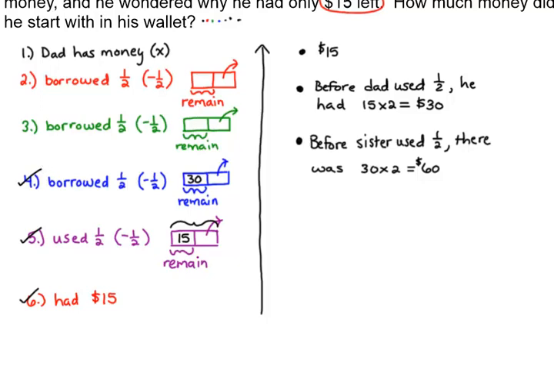Now I borrowed some money. That $60 represented what remained here. So before I used half, there was 60 times 2, which is $120. That entire thing represented $120. So I'm done with step 3.